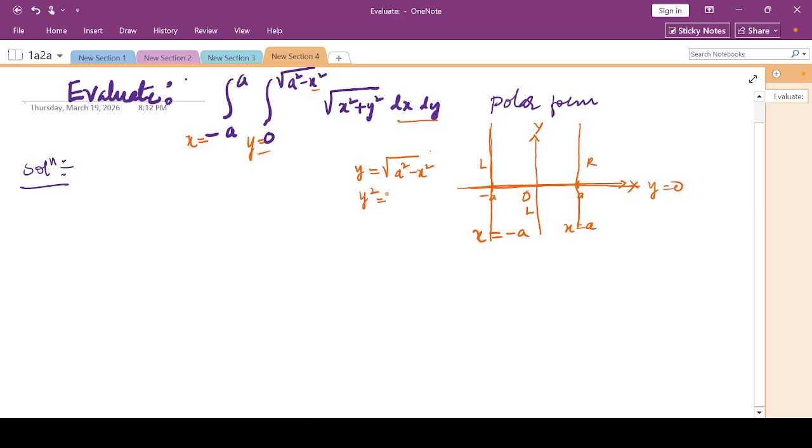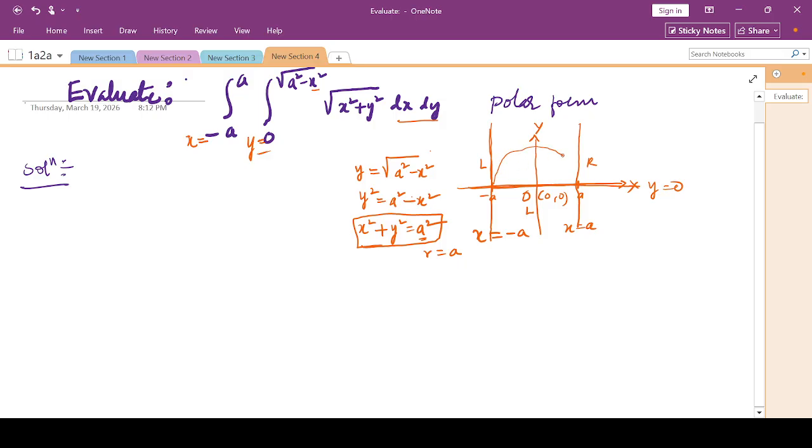On squaring both sides, y square is equal to a square minus x square. Bring minus x square to the left side, it becomes x square plus y square equal to a square. It represents a circle with the center at 0, 0 and radius r equal to a.